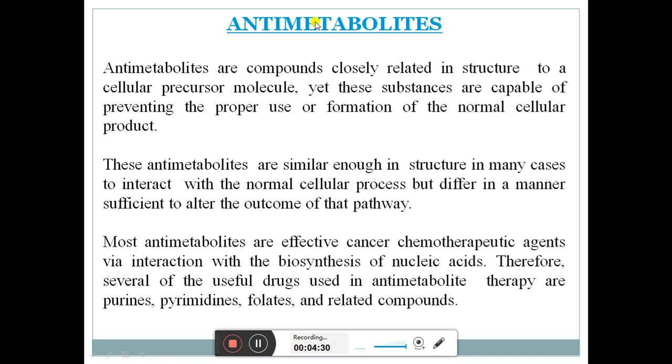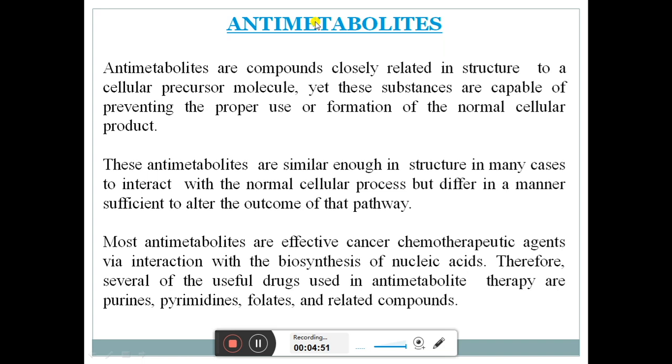Most of the antimetabolites are effective as cancer chemotherapeutic agents via interaction with the biosynthesis of nucleic acids. Therefore, several of the useful drugs used in antimetabolite therapy are purine, pyrimidine, folates and related compounds. So I have told you the classification of this class.